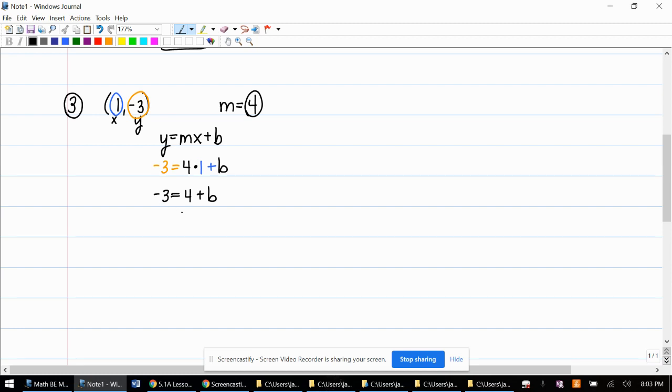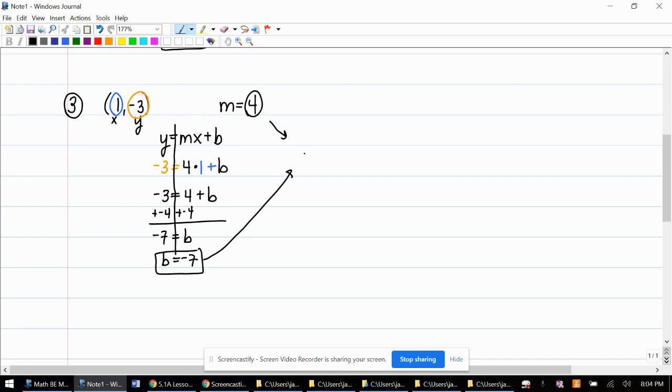And to move this forward to the other side, I'm going to add -4 or subtract 4. And there's that boundary line if you like to use it. So -7 equals b, or b equals -7. So we're going to take now these two things, m and b. We're going to ignore this point now.